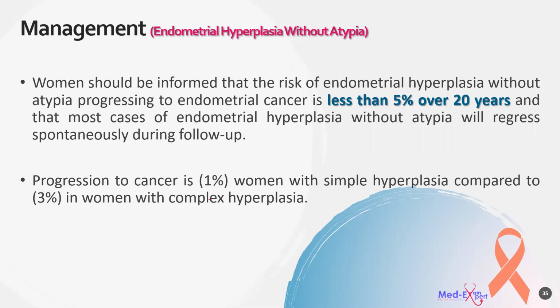Most such cases without atypia will regress spontaneously during follow-up. And if we consider the complexity of the architecture, simple hyperplasia is 1% compared to 3% with complex hyperplasia without atypia.